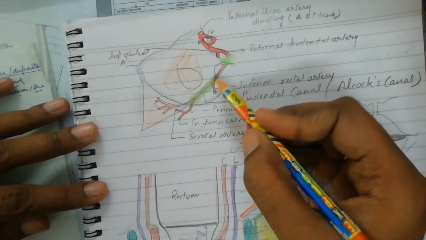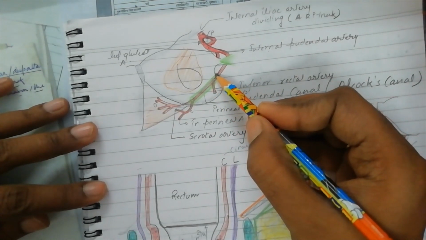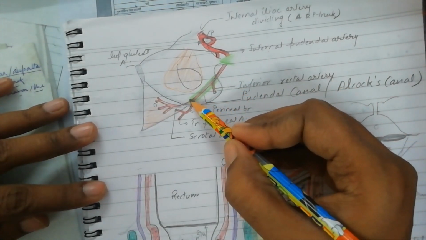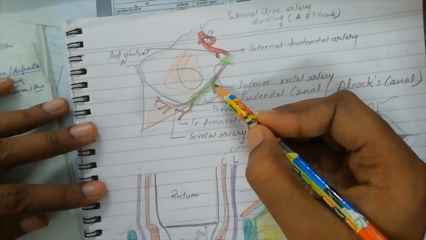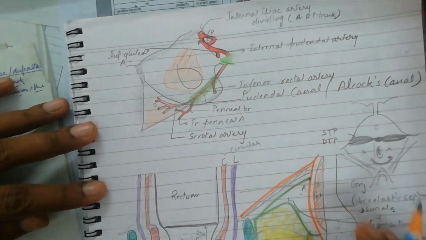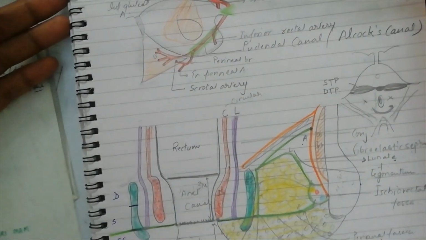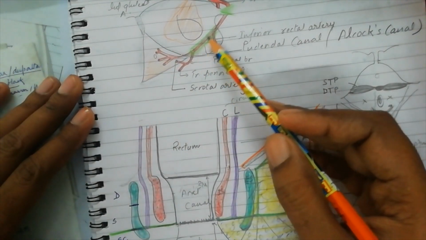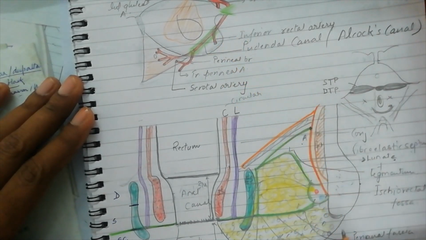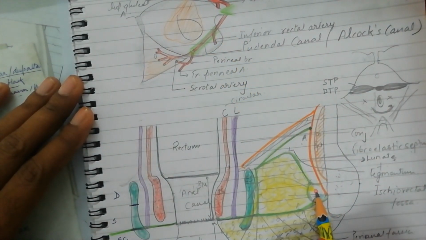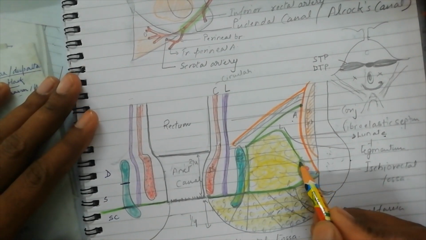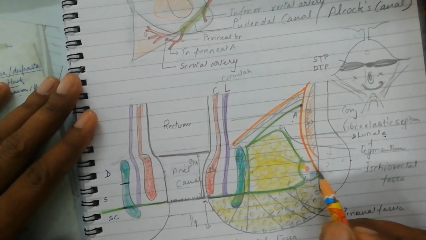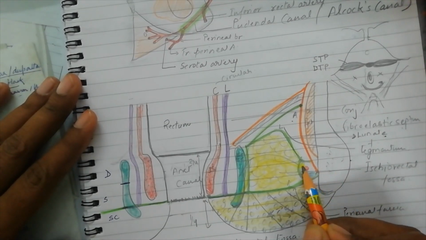So this canal extends from the lesser sciatic foramen up to the deep perineal pouch, and this pudendal canal is an interfascial space in the lateral wall of the pelvis related to the ischiorectal fossa, forming its lateral boundary. The contents of this pudendal canal are internal pudendal vessels and pudendal nerve.